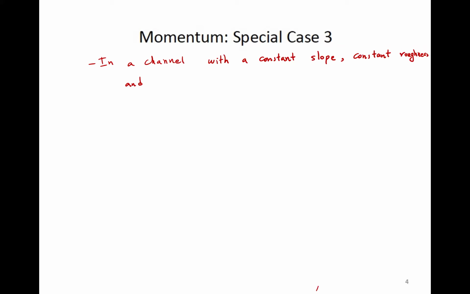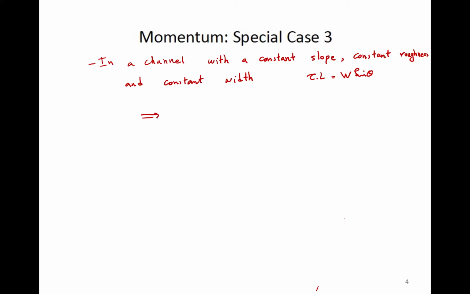And constant width, because again, if width changes, then there's no reason for depth to be the same. So constant width, okay? What happens is we just saw, I'm going to write it here, tau times L will be equal to W sine theta. What is this showing us? What is it telling us?